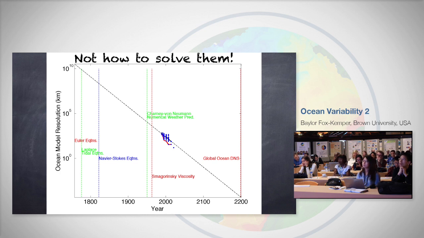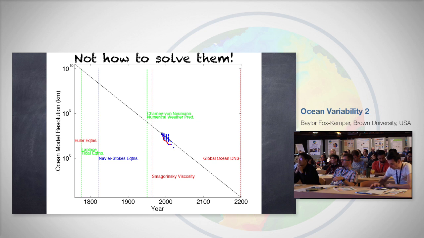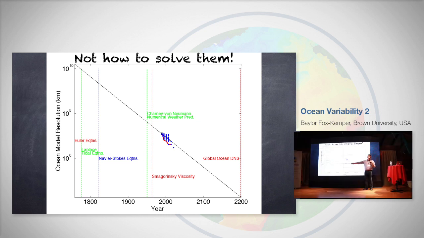And now I've zoomed out to give us more of a historical perspective. So the Euler equations are back here in the 1700s, the Laplace tidal equations, the equations we need to do a rotating planet version, are over here in the late 1700s. The Navier-Stokes equations, giving us the viscosity form, come in the early 1800s.